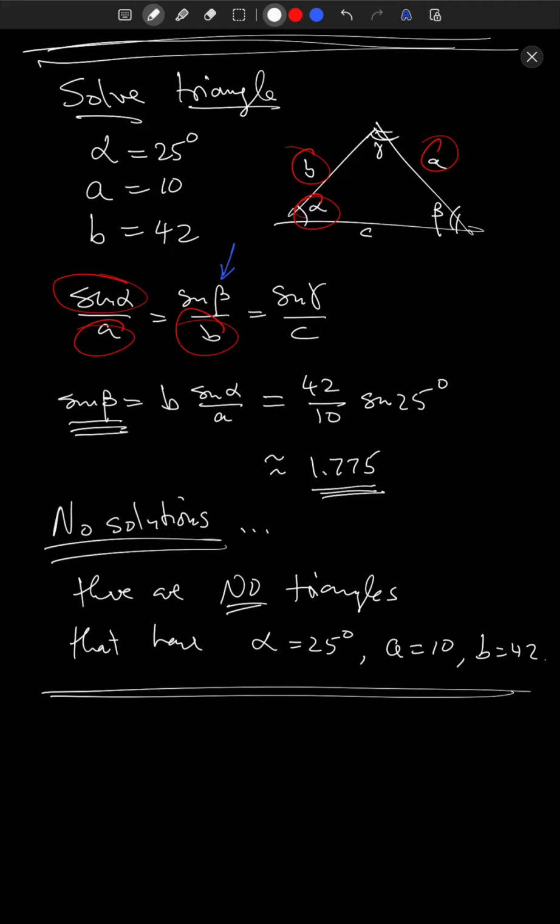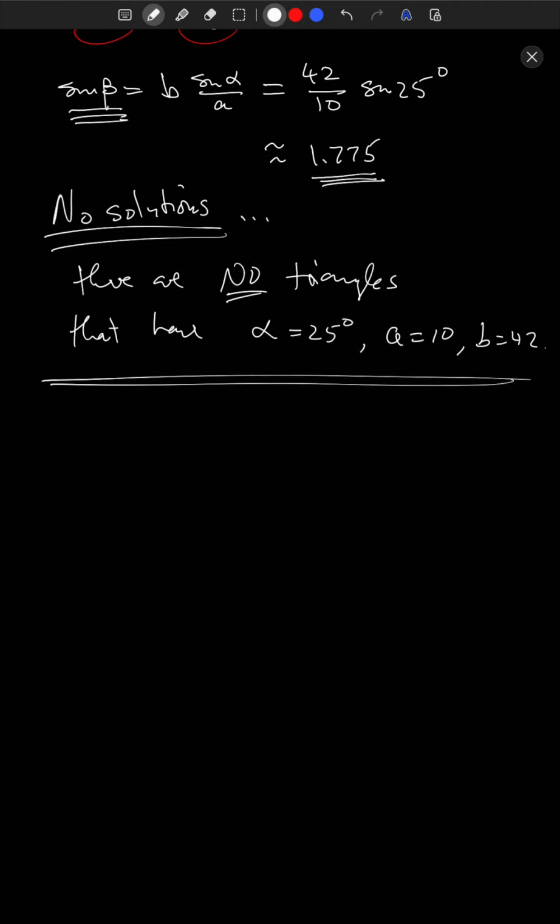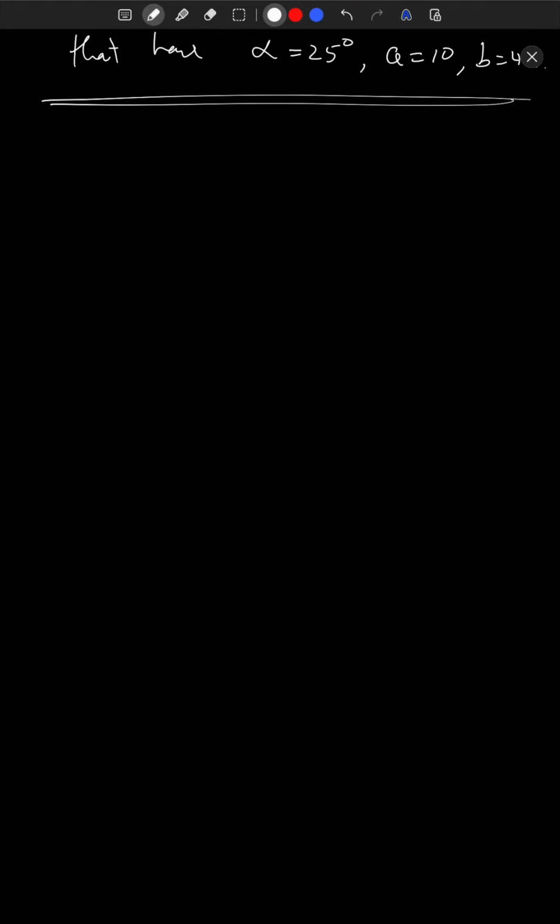Okay, let's do another example. And this is going to be the third situation that can happen in these type of problems. So solve the triangle. Beta equals 20 degrees, A equals 5, and B equals 8. All right.